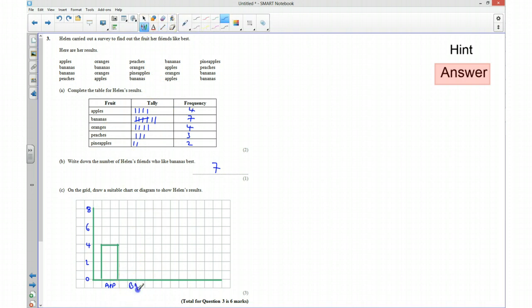So my bananas is going to be here, and then we've got oranges, and that's 4, and then we've got peaches, and then we're going to have pineapples. Okay, so peaches is 3 and pineapples is 2.